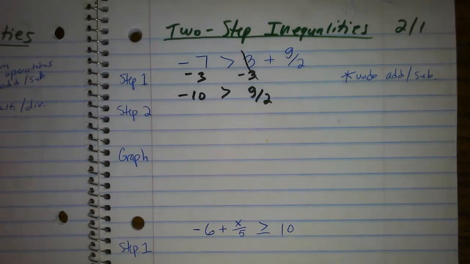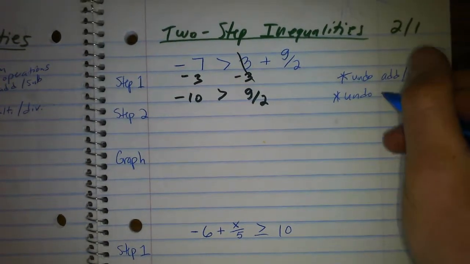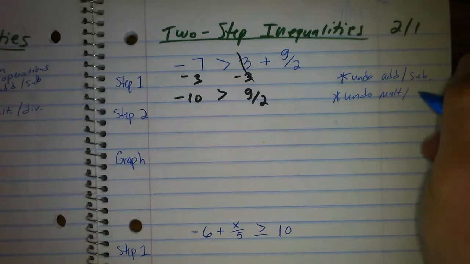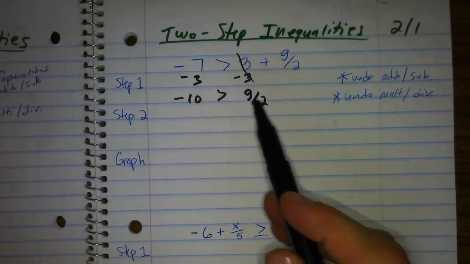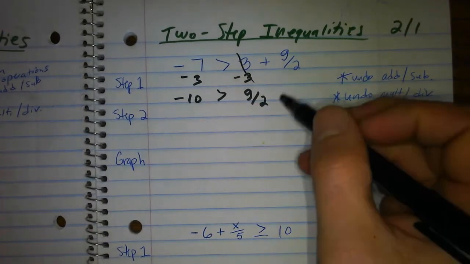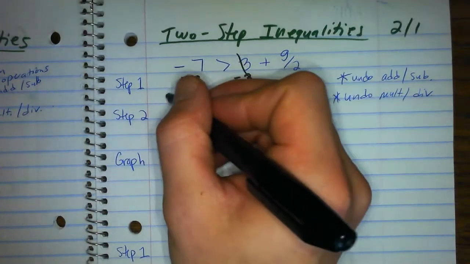Alright. Step 2 is to undo multiply or divide. So I have division here. G is being divided by 2. So I'm going to undo that with multiplication. Times 2, those cancel out. Times 2 here.